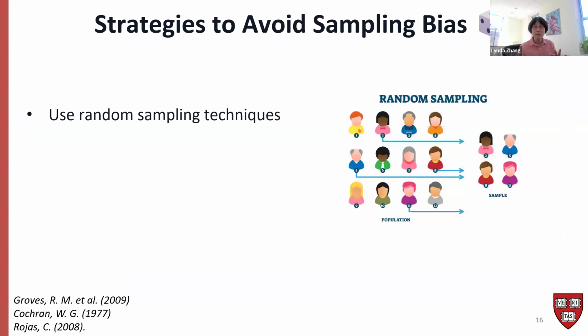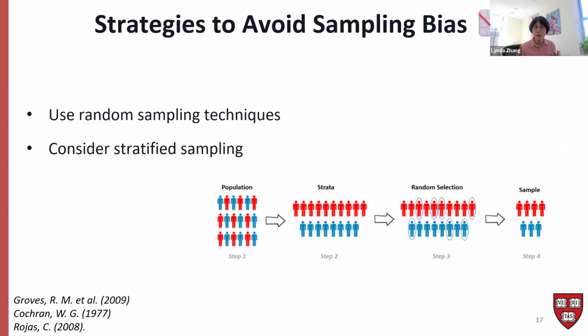Here are some strategies to avoid sampling bias. One is to use random sampling techniques, such as using a random number generator and selecting the top 50%, which have the lowest randomly generated numbers. The second way is to use stratified sampling, which is even better than simple random sampling.